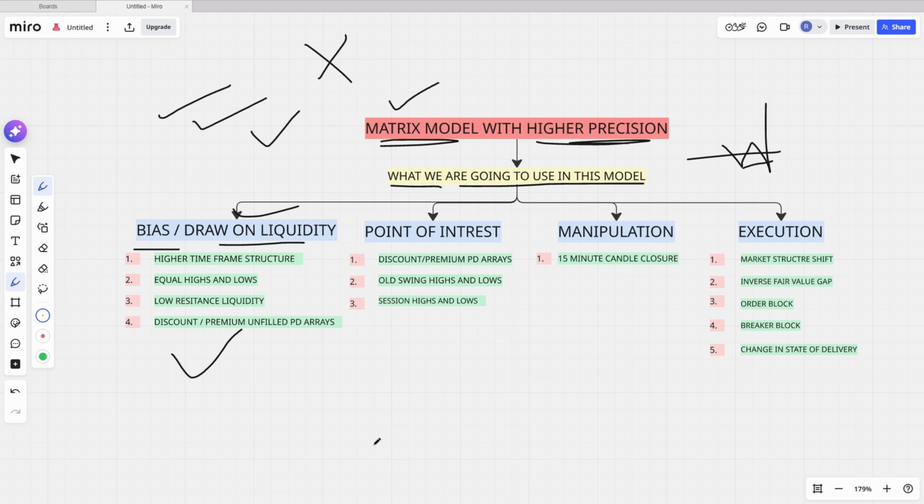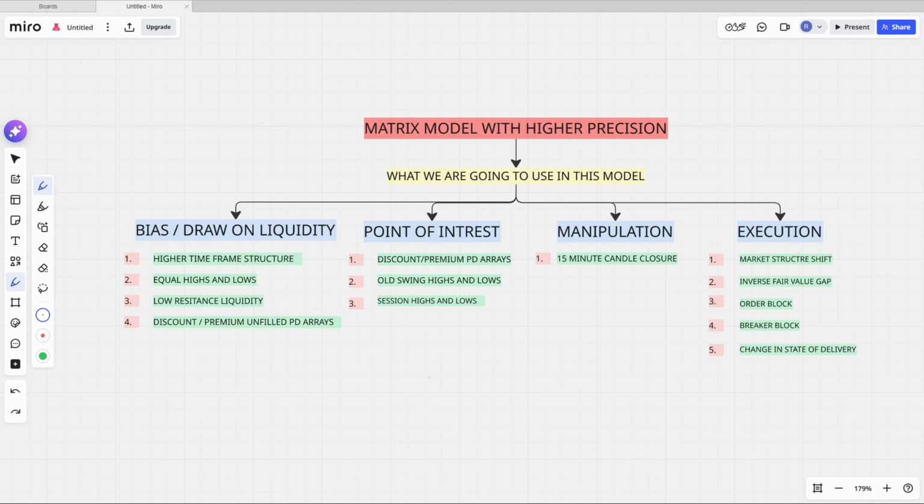When used correctly, this refined matrix model helps you stay aligned with market structure, liquidity, and intent, rather than forcing trades or chasing moves. This is what allows the model to perform consistently over time instead of relying on luck or overtrading. First, let me explain what bias and draw on liquidity actually mean.